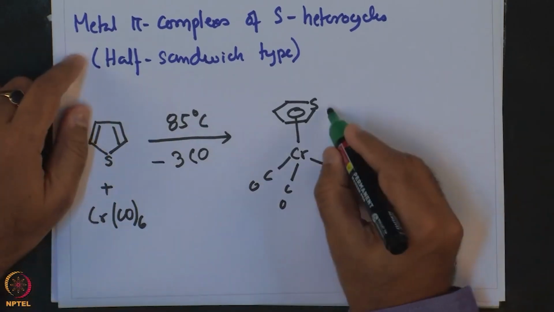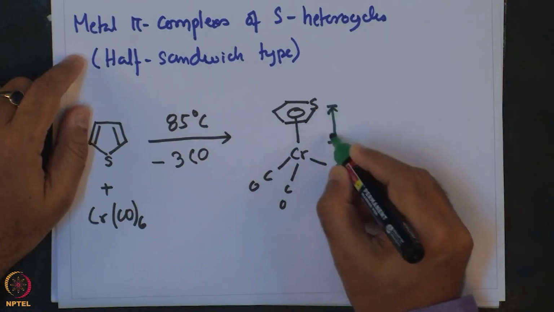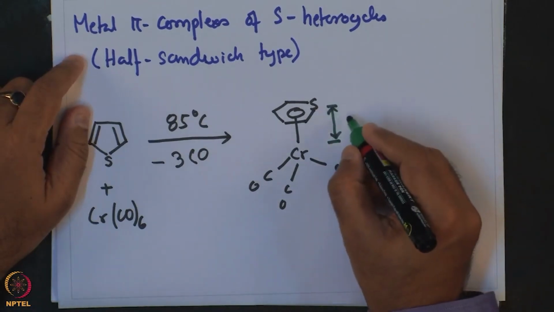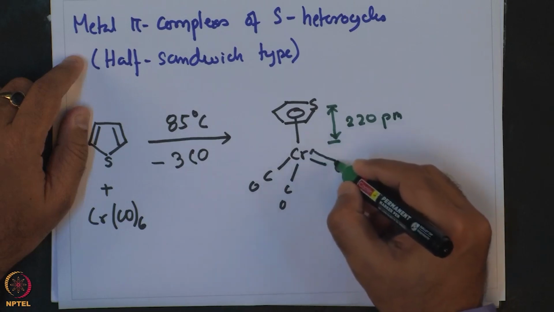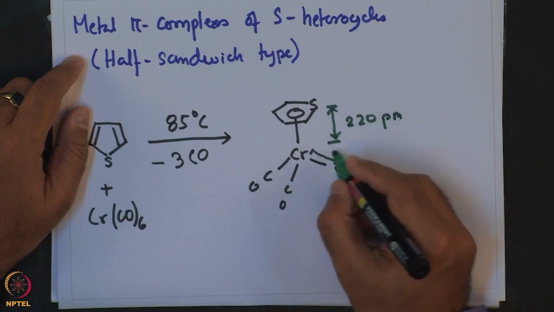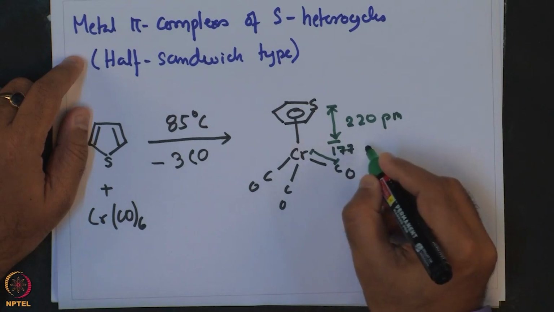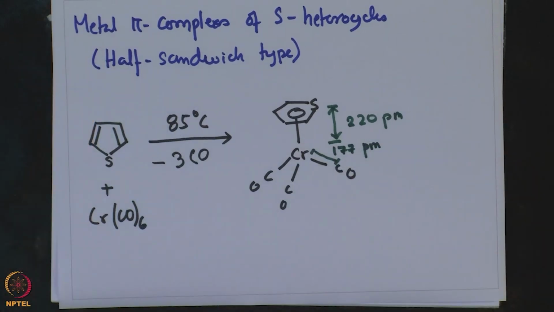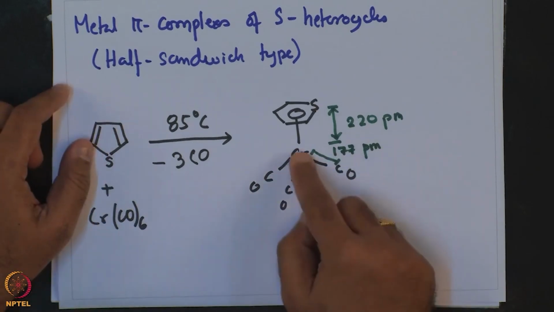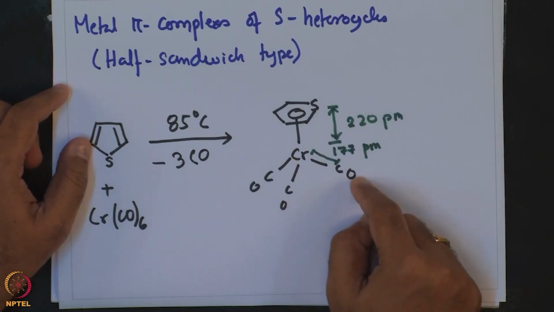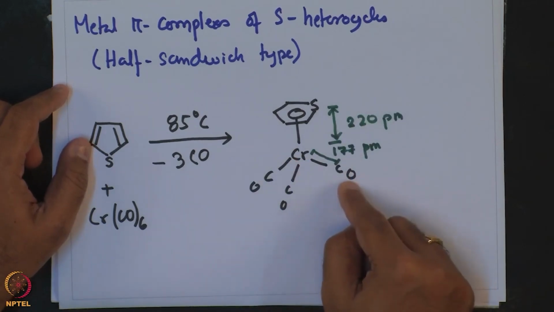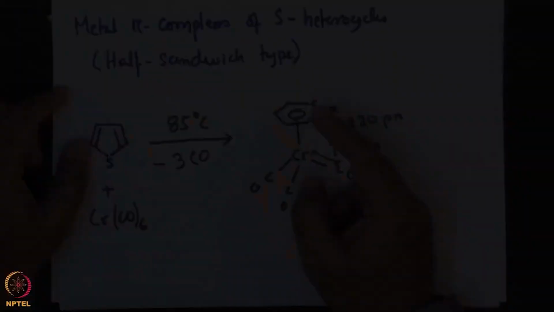Now, this distance of chromium to thiophene is about 220 picometer, whereas this distance of chromium to carbonyl is much shorter at 177 picometer, and that indicates that there is a considerable amount of back bonding from chromium onto the acidic carbonyl ligands, and thiophene being less basic, it is not acidic.